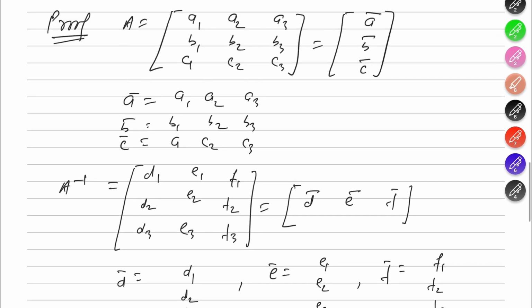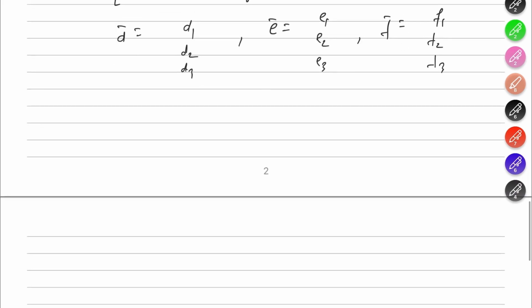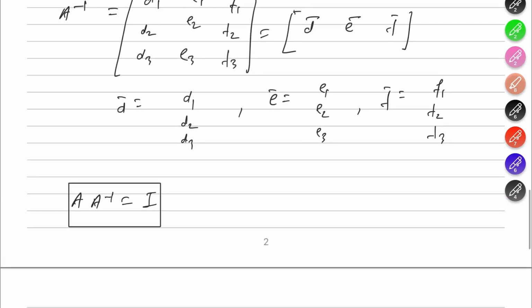And you will shortly know why I wrote it like this, A in column form and the inverse in vector form. The obvious reason is that we know A times A inverse is equal to the identity matrix. This property holds if the matrix A is multiplied with its inverse.